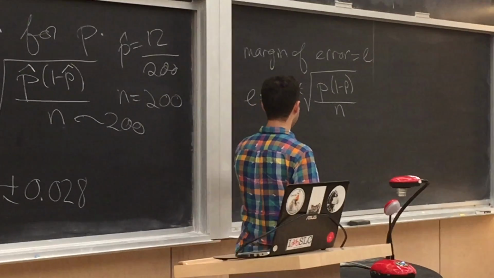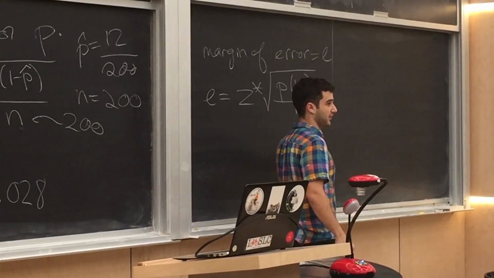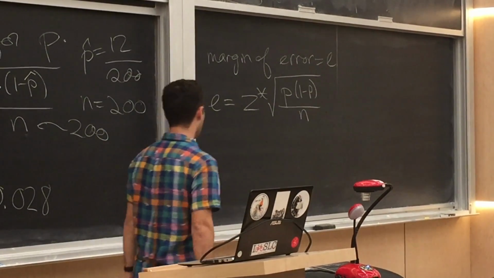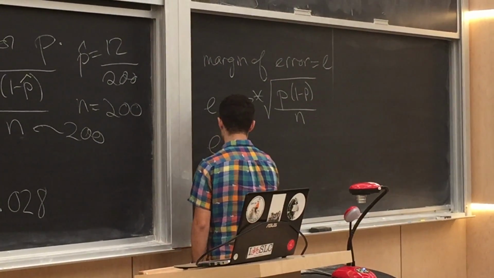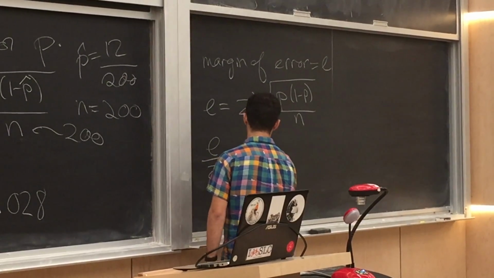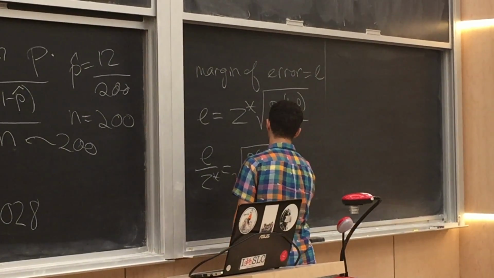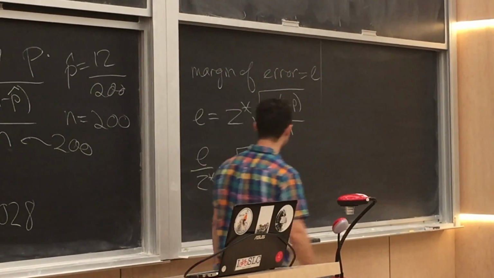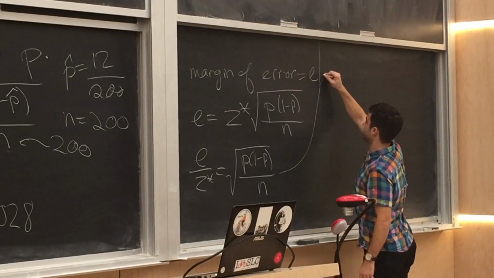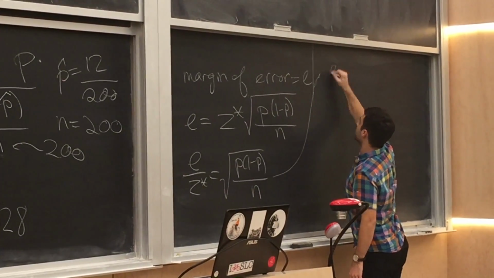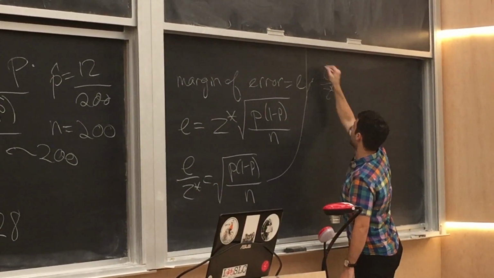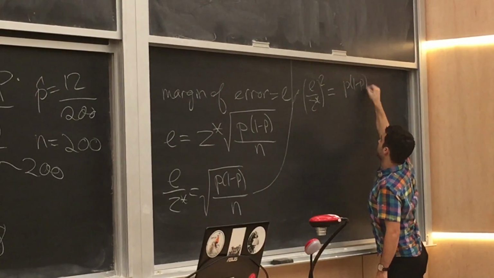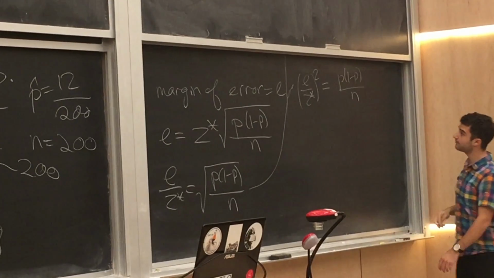So basically, we want to rearrange this thing to be n equals something. Well, we just use some algebra. E over z star is the square root of p times 1 minus p over n. So this tells us that (E over z star) squared equals p times 1 minus p over n.